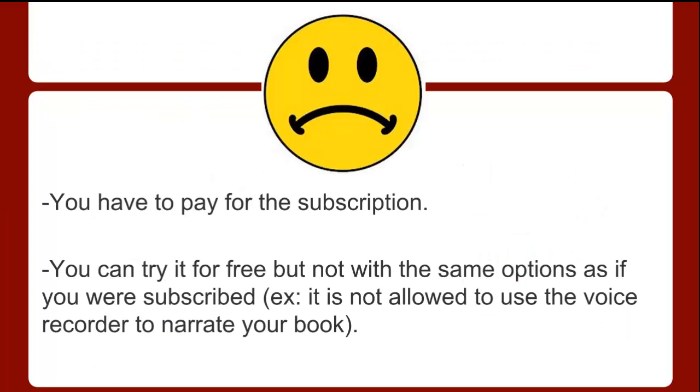But the negative point is that you have to pay for the subscription. You have the option to try it for free, but not with the same options as if you were subscribed. For example, it is not allowed to use the voice recorder to narrate your book. And also, if you're not subscribed, you cannot add your own pictures.